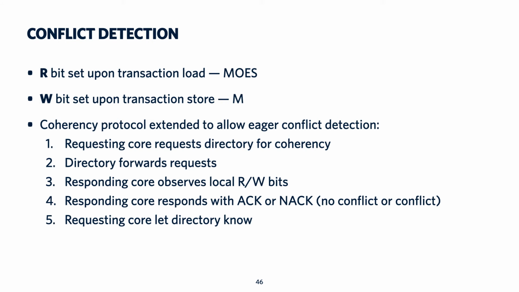The directory forwards that request to all of the shared cores, and then the responding core observes its local state, or the R and W bits, and responds to the requesting core with either an ACK or NACK. It's either no conflict or conflict, respectively. And following that, the requesting core lets the directory know whether they succeeded.